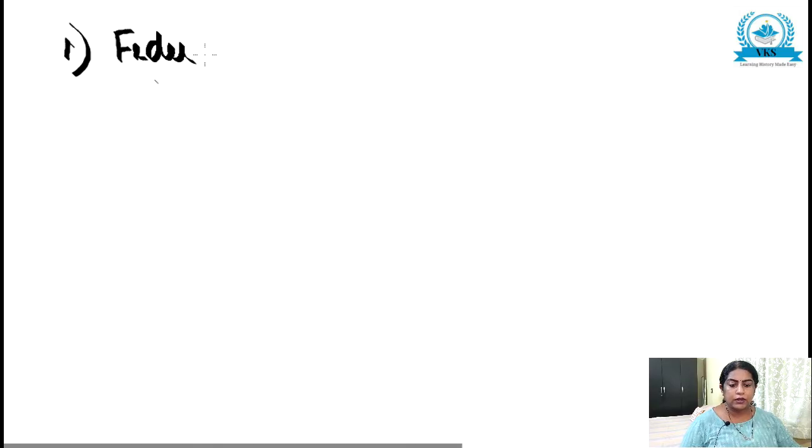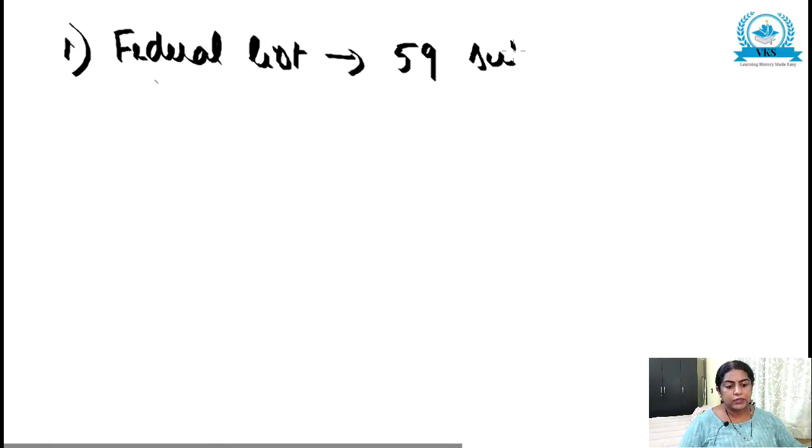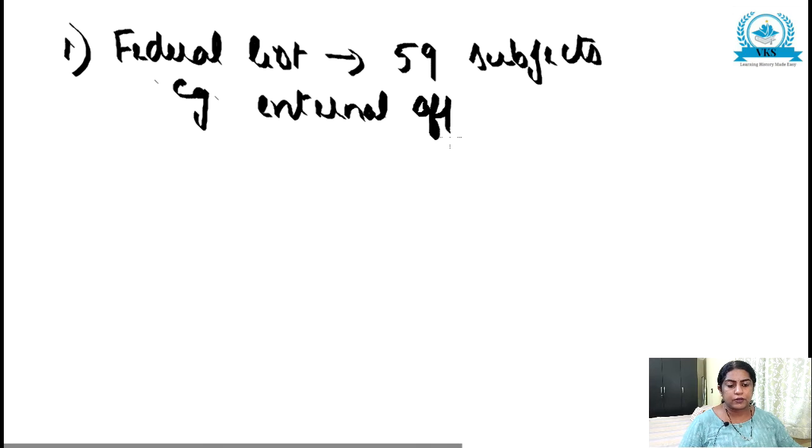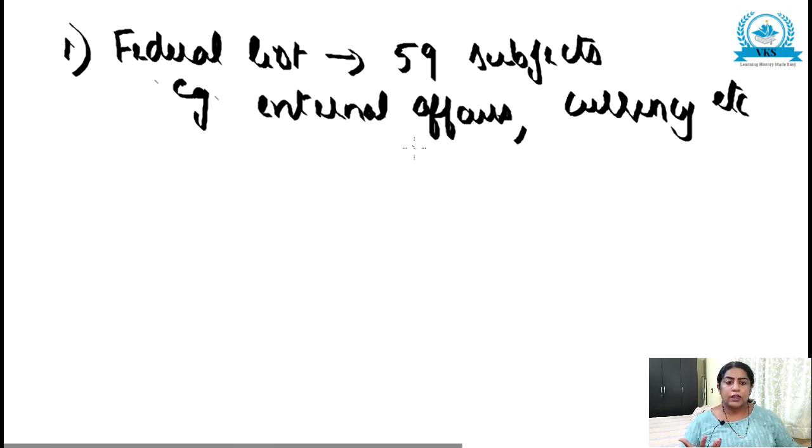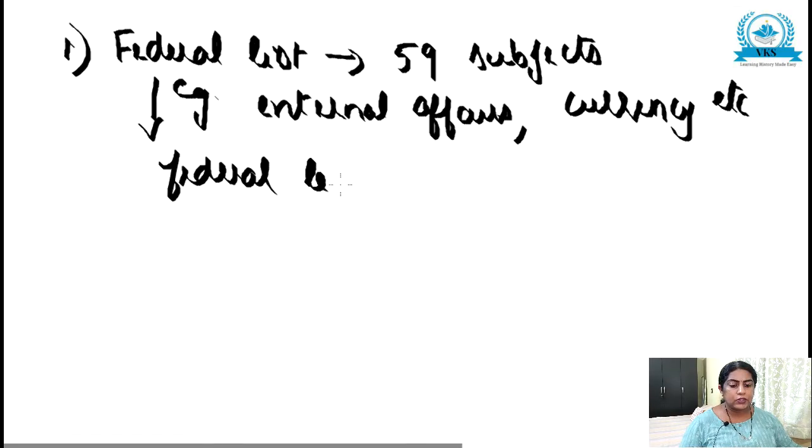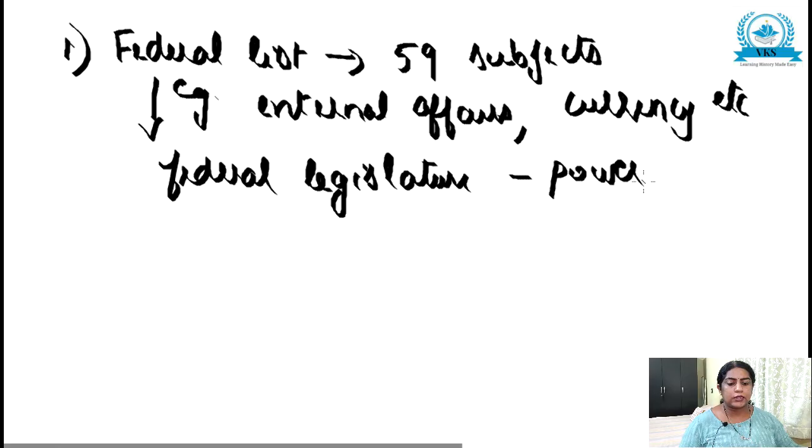The federal list consisted of 59 subjects, for example external affairs, currency, etc. All these subjects were in the federal list, over which the federal legislature had the legislative power.